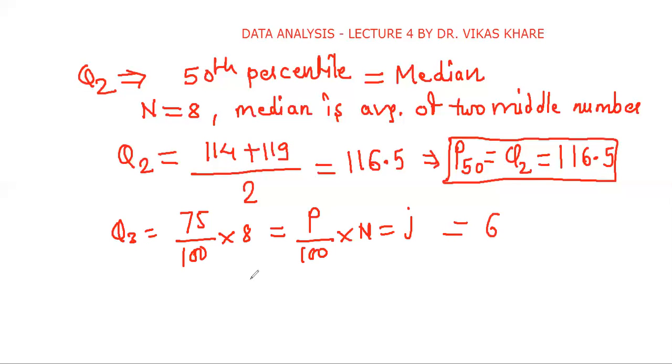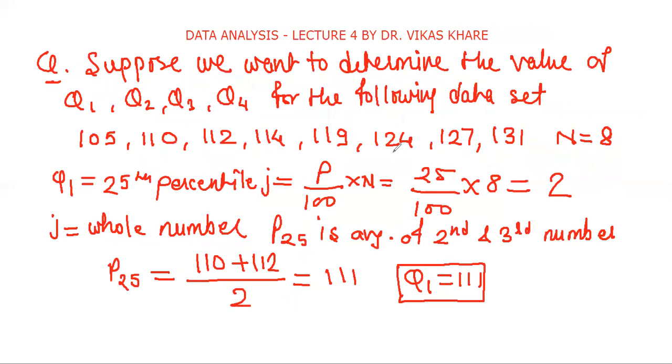So the value of P75 is the average of the 6th and 7th numbers. According to the data set, the 6th and 7th numbers are 124 and 127.